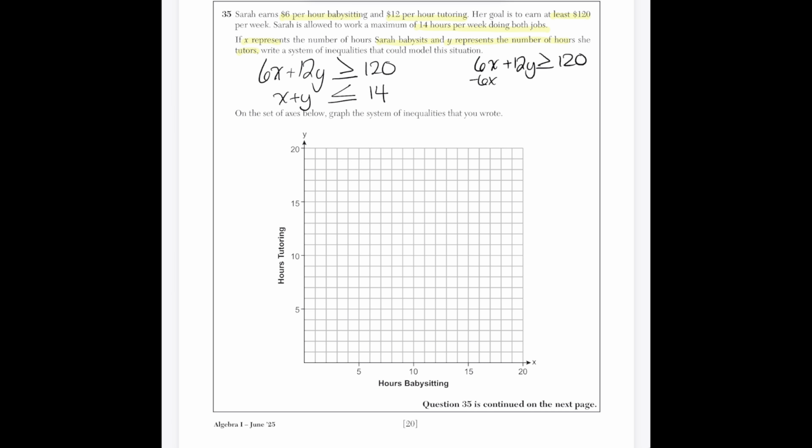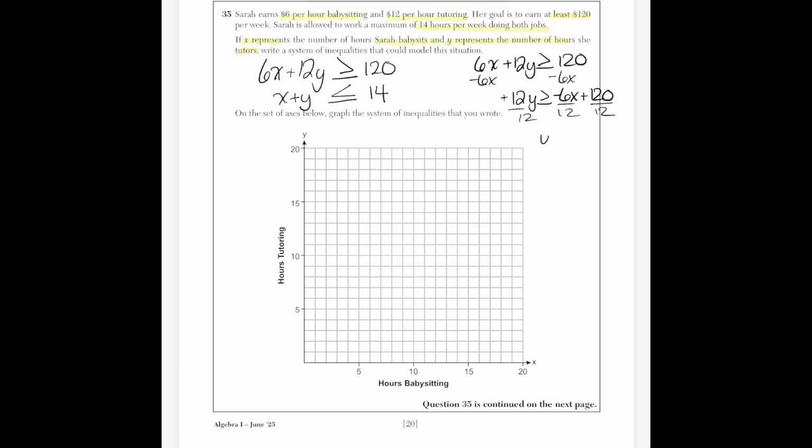I'm going to subtract the 6x from both sides. And I have positive 12y is greater than or equal to negative 6x plus 120. And I can divide all of these by 12.